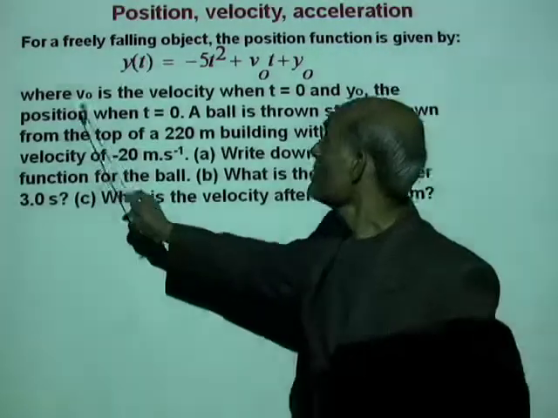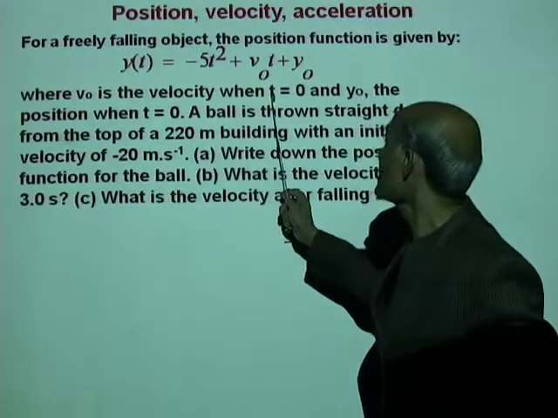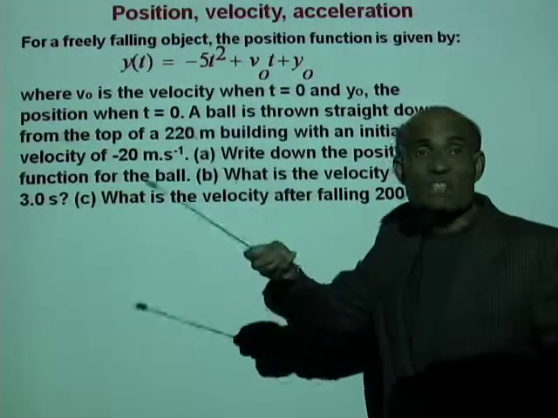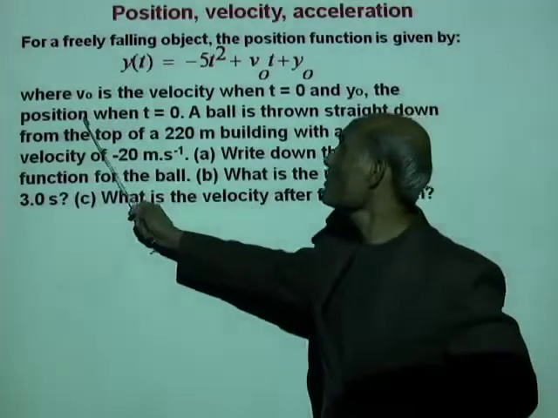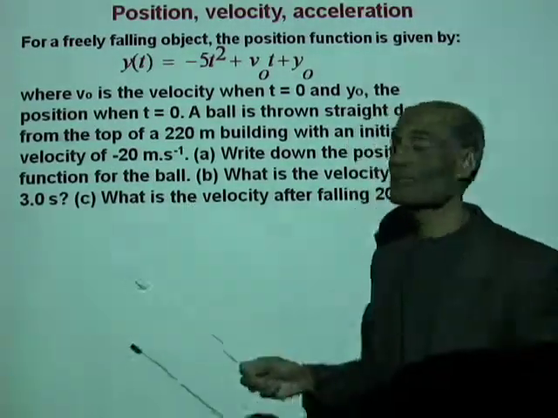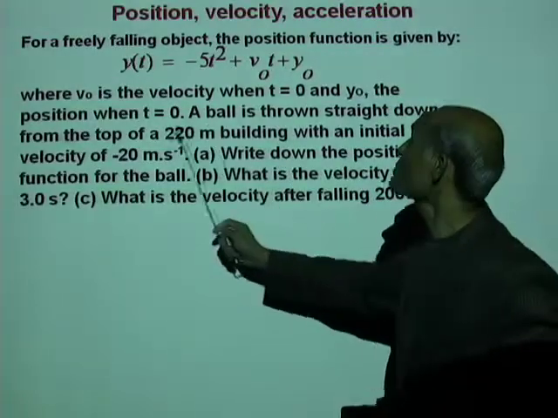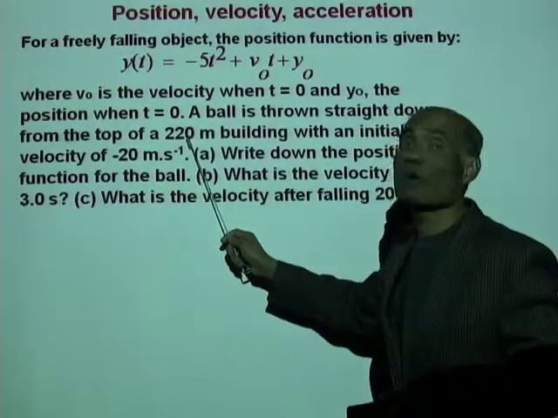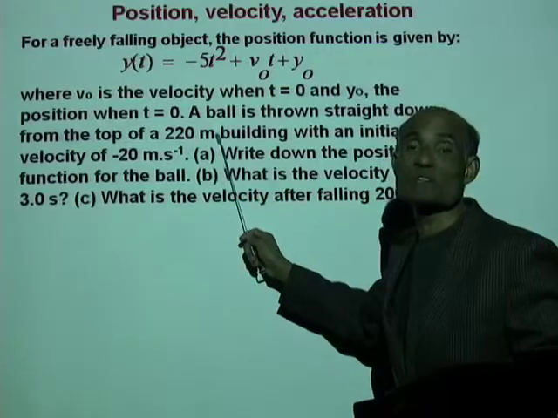Alright, v0 is the velocity when t equals 0, that's the initial velocity, and y0 is the position when t equals 0, where you start. A ball is thrown straight down from the top of a 220-meter building.